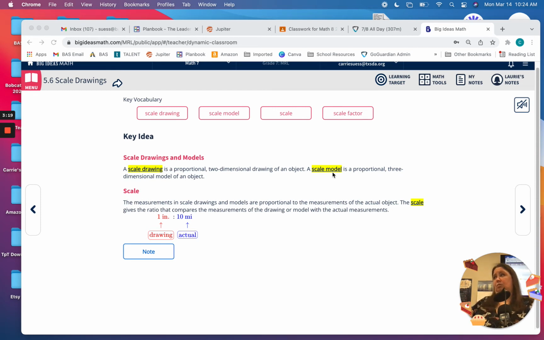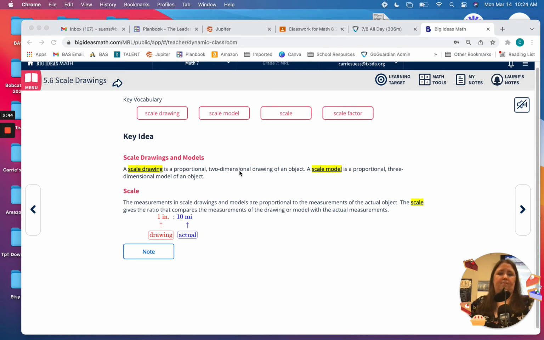Now, did you take a measuring stick and make them perfectly proportional to what your Bible said? Probably not perfect, but they are to a scale proportional. Good. All right, the measurements in scale drawings and models are proportional to the measurements of the actual object, meaning there's a fraction of what the actual size of the object is.